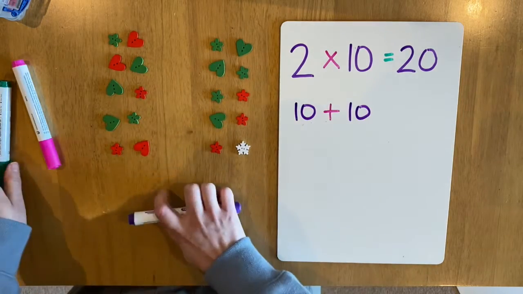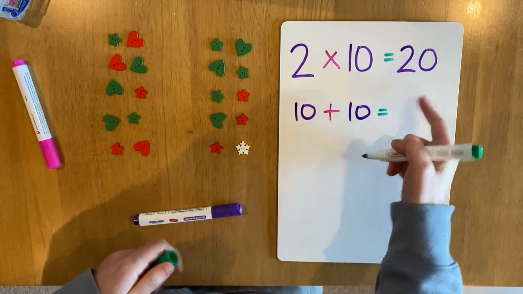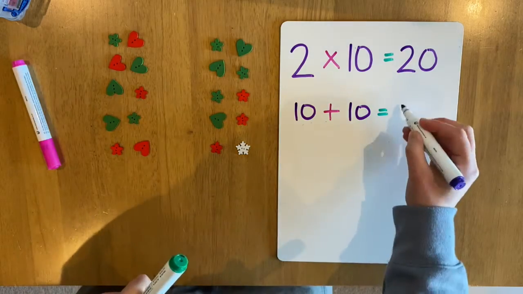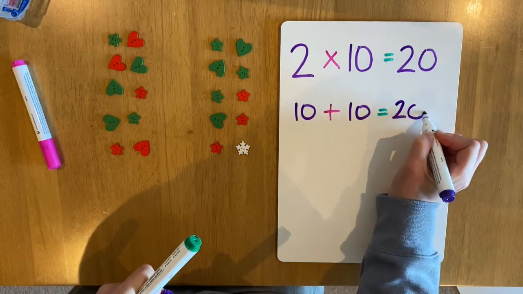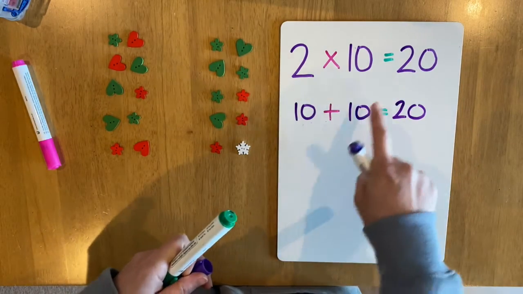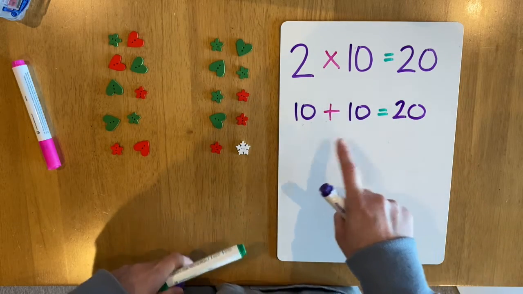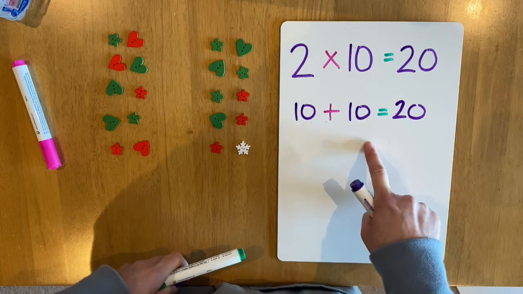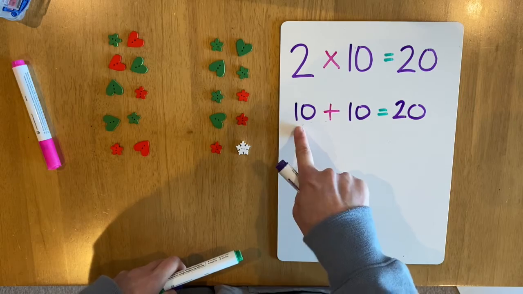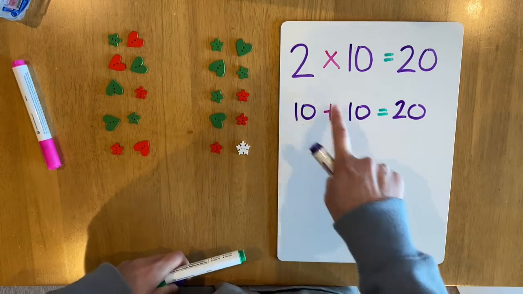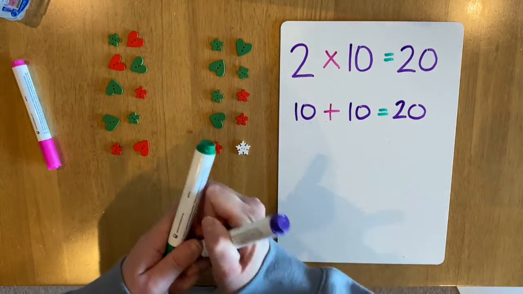All together, we have 20. So 2 groups of 10 is 20, but we can also say 10 add 10 is 20, because here are the 2 10s. 1 10, 2 10s, and that's where that 2 comes from.